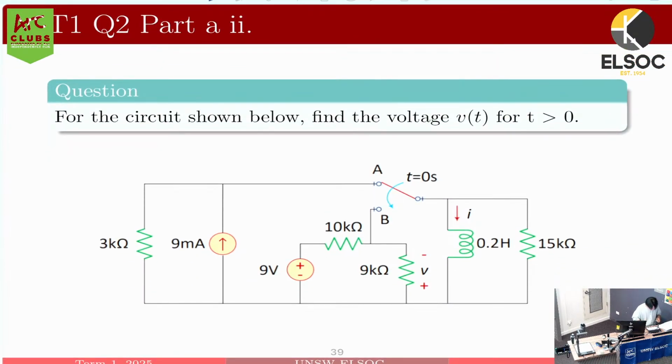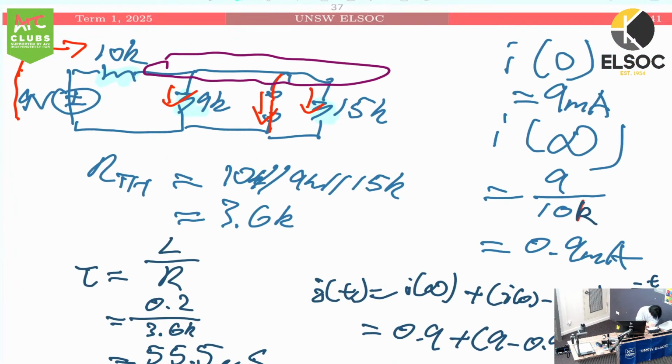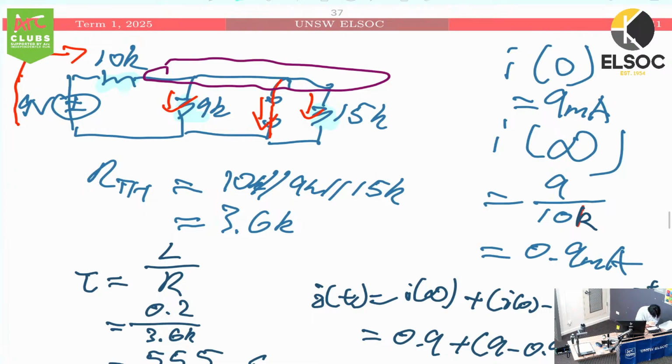The next question asks us to find the voltage V(t) here. This voltage. And there's a little trick here that they did. Can someone tell me what the trick might be that I'm referring to? So, positives and negatives. From the way we drew our circuit up here, the voltage is going to be higher up here than down here.